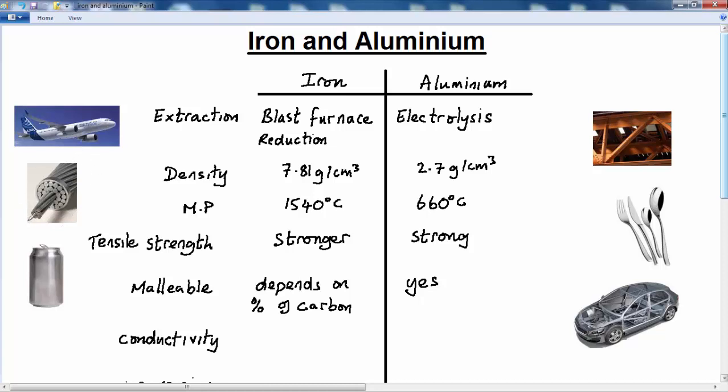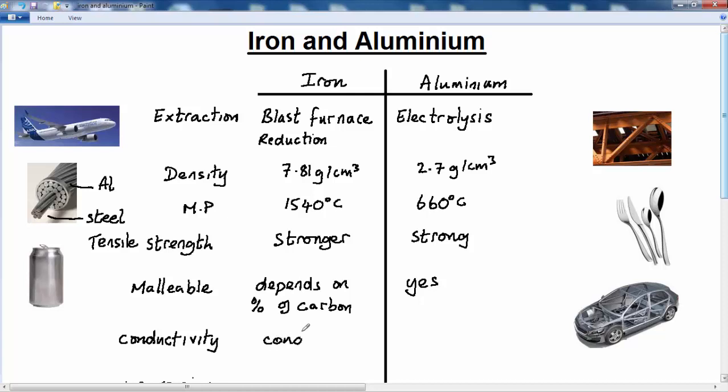So this is a cross section of a high voltage transmission line. Usually, as we mentioned in the previous lesson, the center core is made from steel because steel has more strength than aluminium, so it's used to support the cable between the pylons. But the outer layers of the cable are made from aluminium, which has a higher conductivity than iron. Iron, like most metals, is a conductor of electricity.